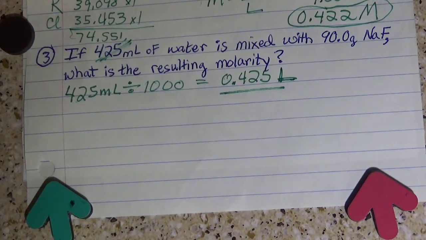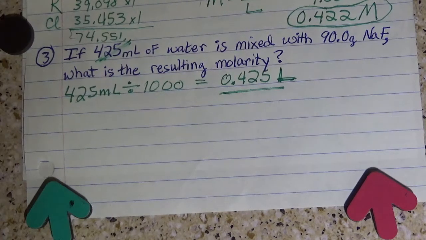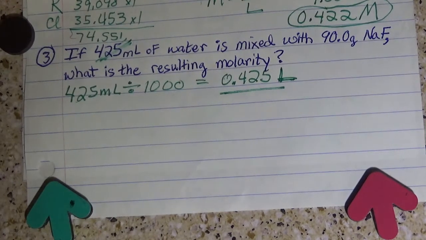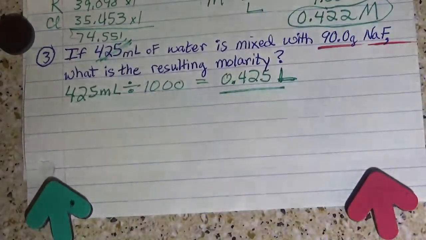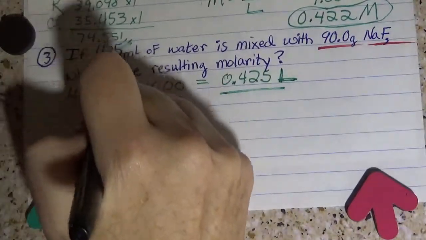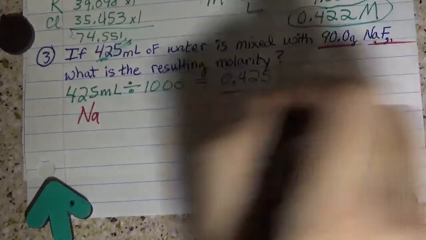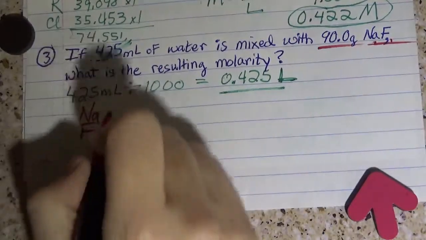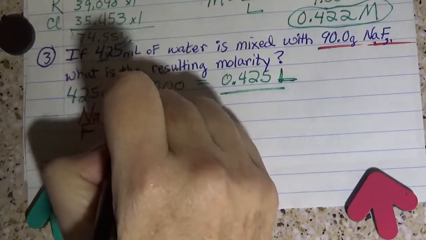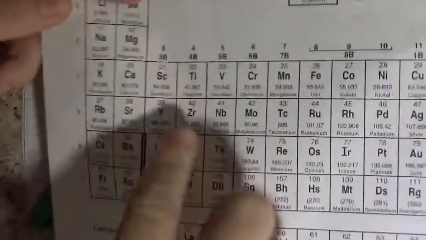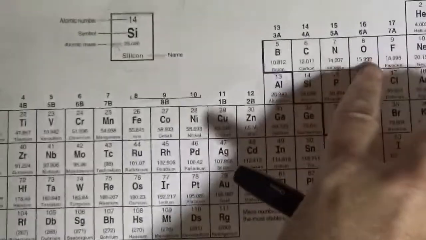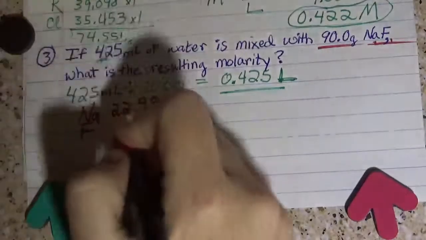Let's continue. If we have 90 grams of sodium fluoride, there's one Na and one F. Na is 22.990 on the periodic table, while fluorine is 18.998.